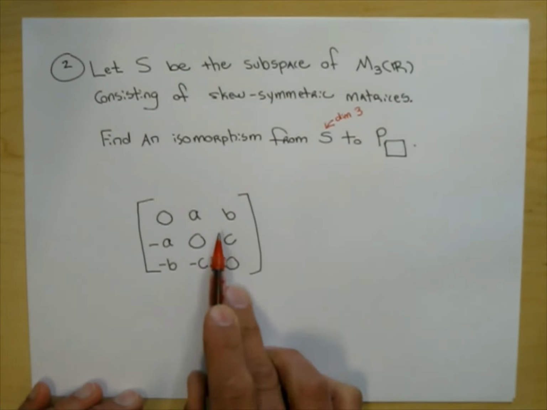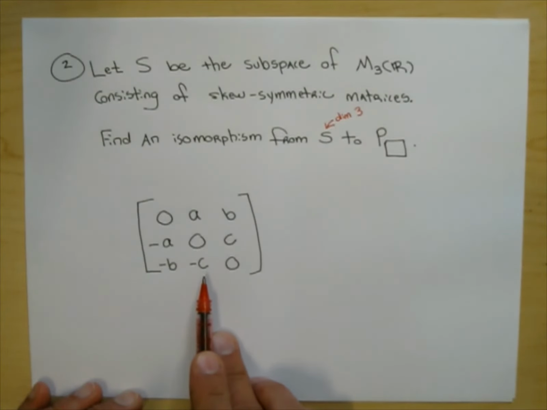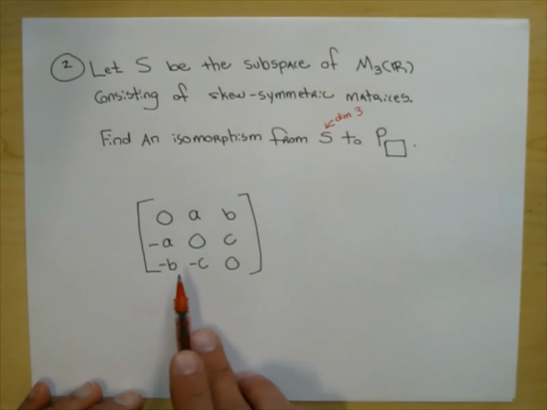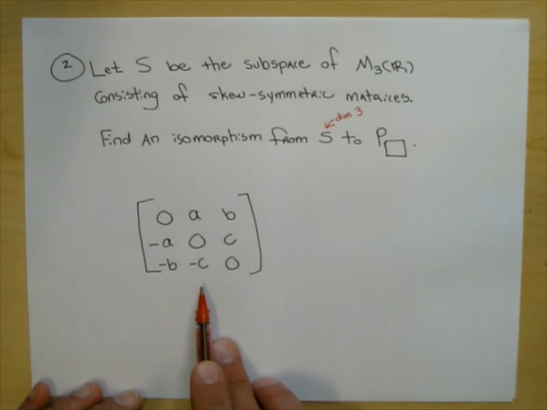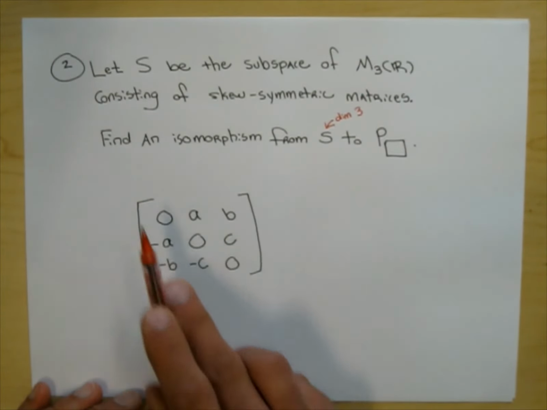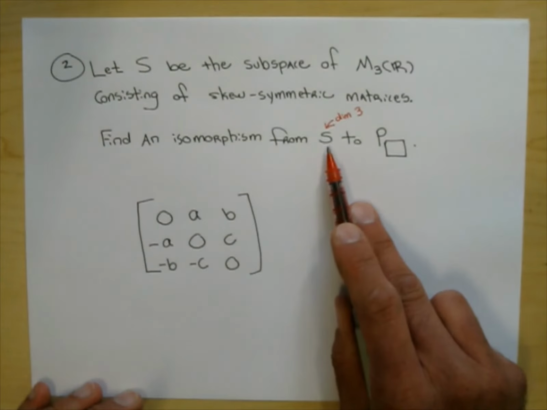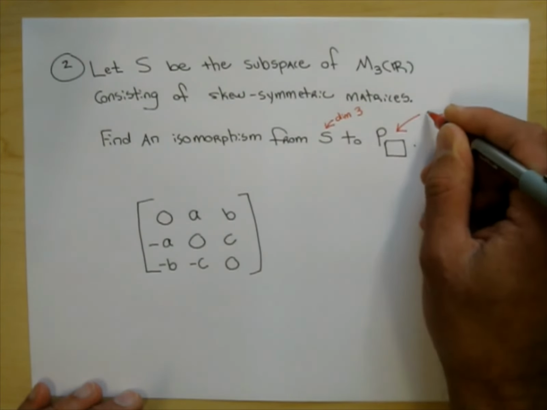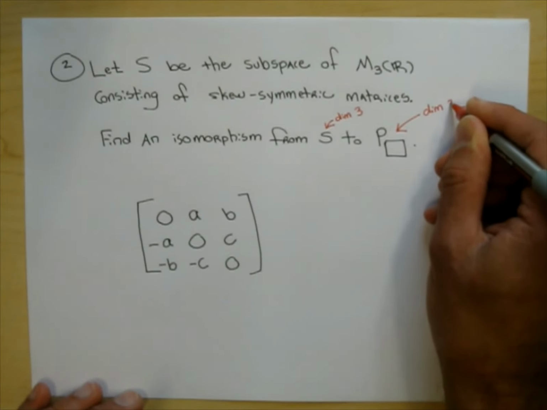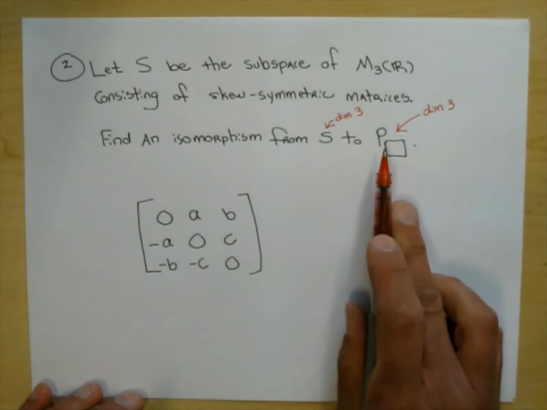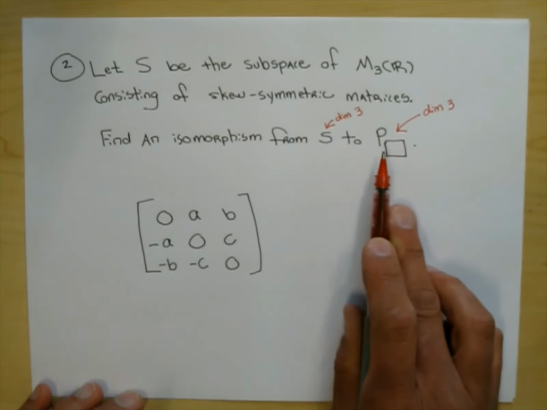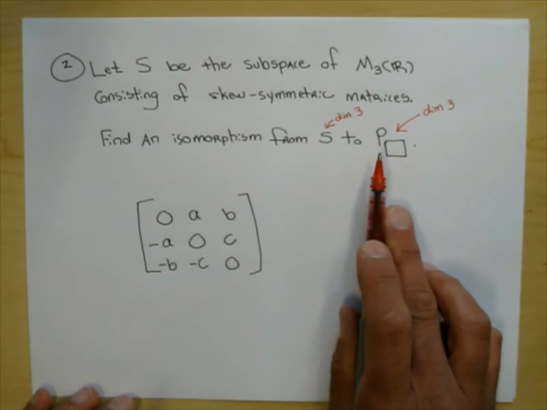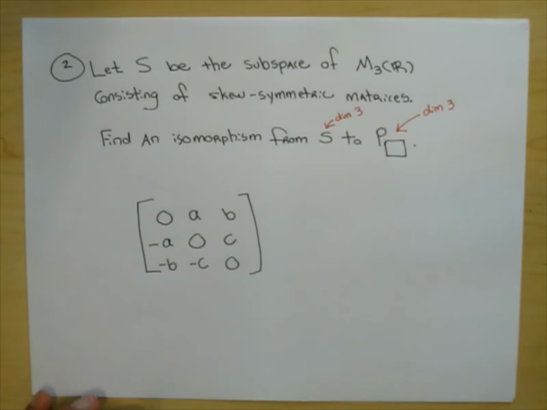See, there's 3 different letters, A, B, and C. So if you were to split and factor, which they did not ask us to do, by the way, that's why I'm not doing it, then you would have a linear combination of 3 vectors from M3. Okay, so this has dimension 3. This also, because we're looking for isomorphisms, must have a dimension of 3. Well, P sub what? Now we got to be careful not to just go P3. It's going to actually be P2.